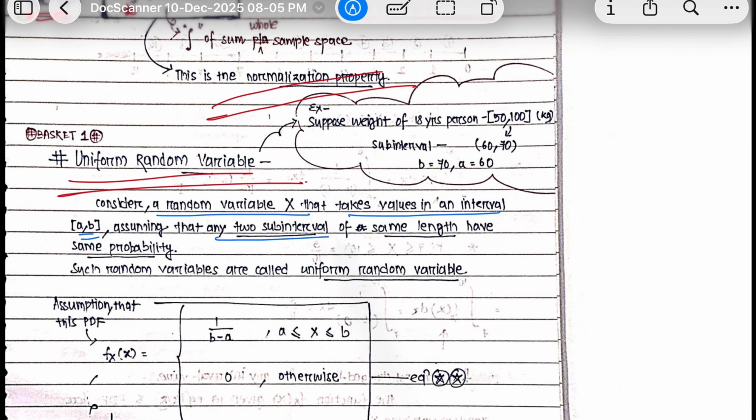So assuming there are two sub-intervals of the same length, they must be falling in between and have the same length.